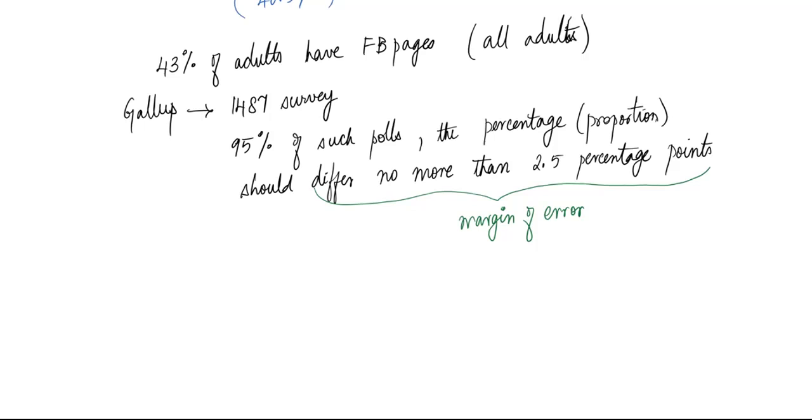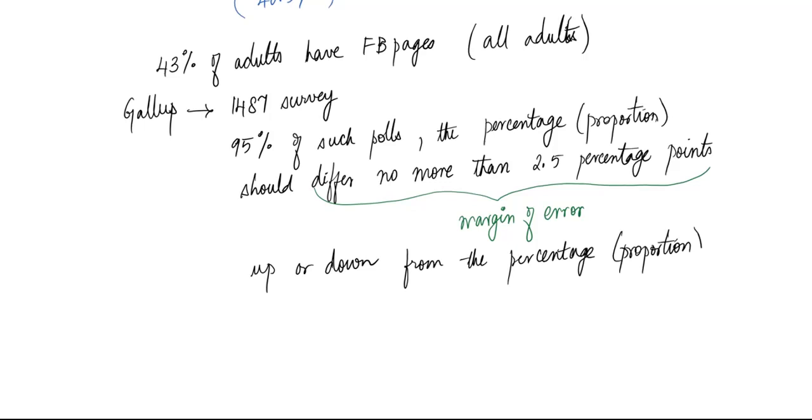If we were to interview all adults, it should differ no more than 2.5 percentage points, up or down, either direction, from the percentage that would be found if we were to interview all the adults.